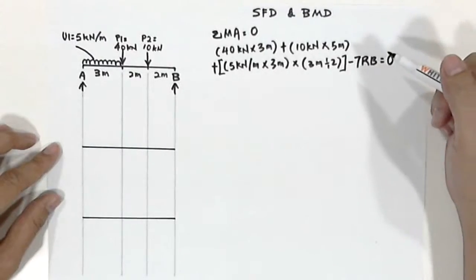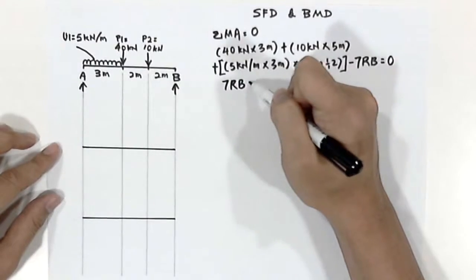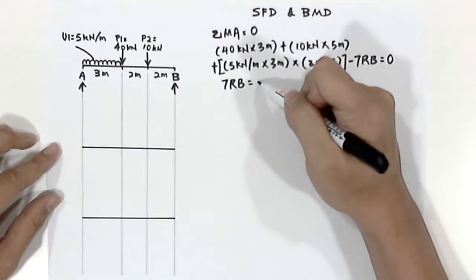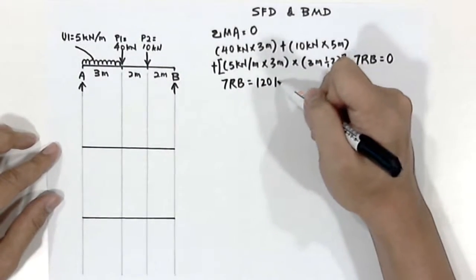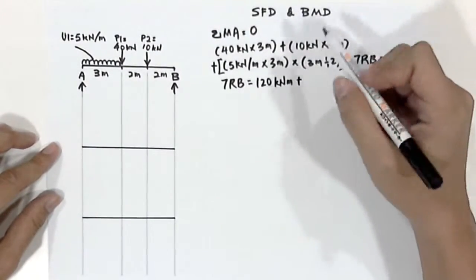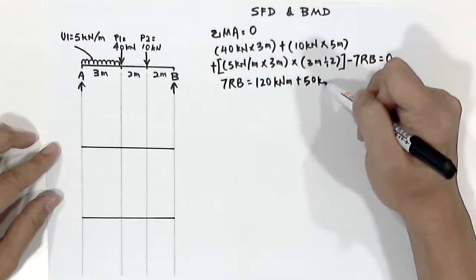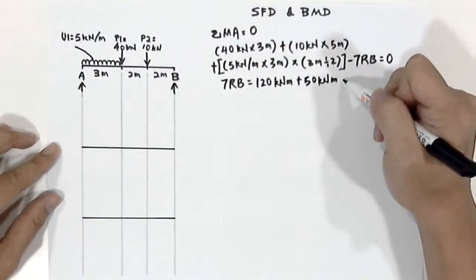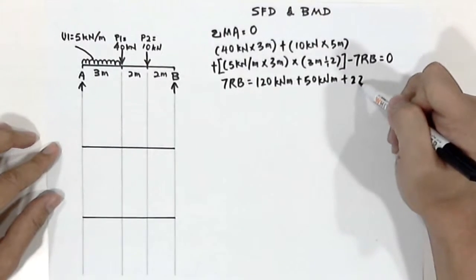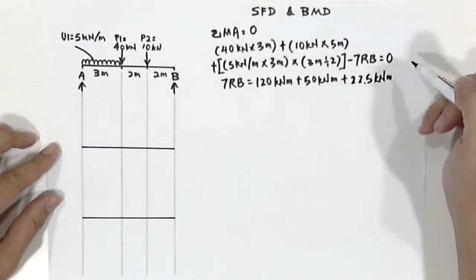So we rearrange the equation in a way that 7 RB equals 40 times 3, which is 120 kilonewton meter, plus 10 times 5 meter, which is 50 kilonewton meter, plus, if you sum up all this, 22.5 kilonewton meter.